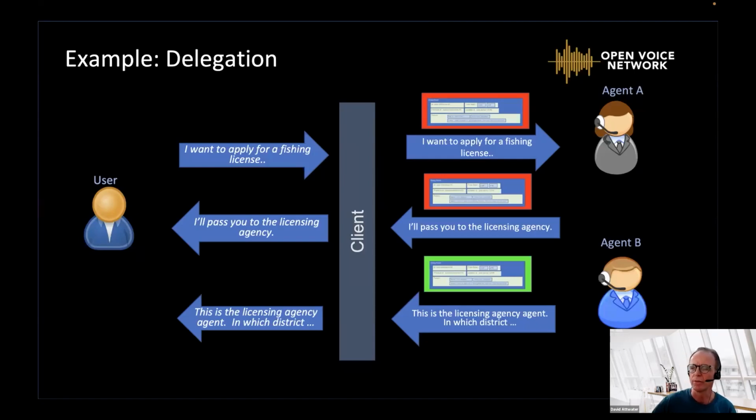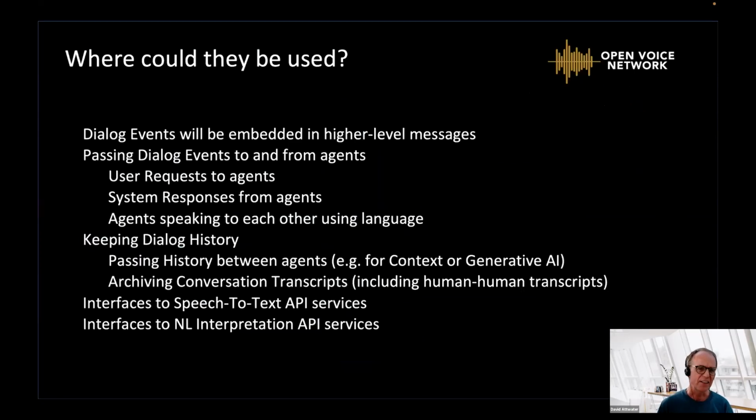If we can just move forward to the next slide. I said that these dialogue events, they're a low-level structure that we're envisaging being used in all sorts of different protocols. So here's some of the use cases we're picturing. Passing dialogue events to and from agents, which is what you've seen in the demonstration today. So user requests, system responses, and also agents speaking to one another.